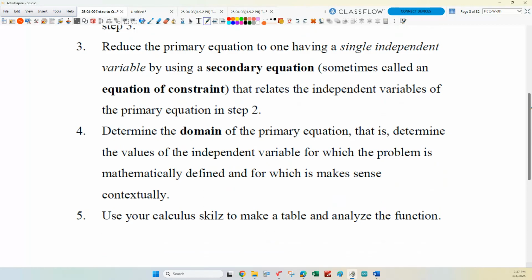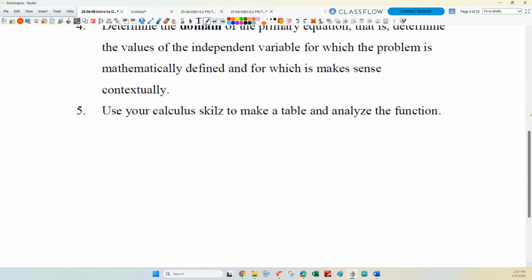We have to determine the domain that's going to work, and that's really important because we only look for critical numbers in our domain. Then we just use your skills, make a table and figure it out, right? And then go back and interpret the solution to your calculus table within the context of the problem, and we're done. That's it. Yeah, that's right. Okay.